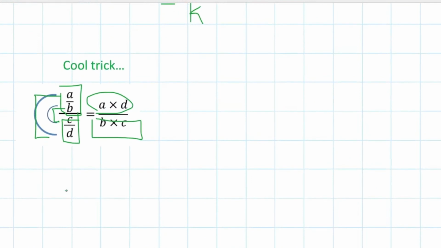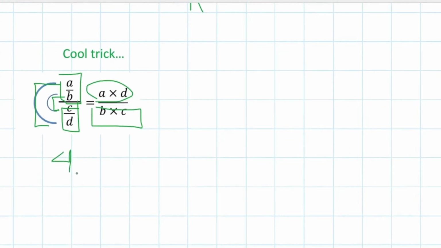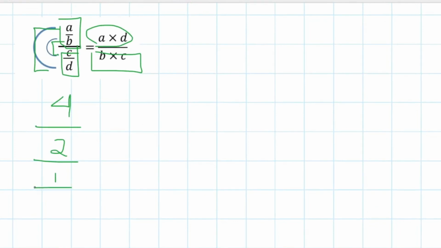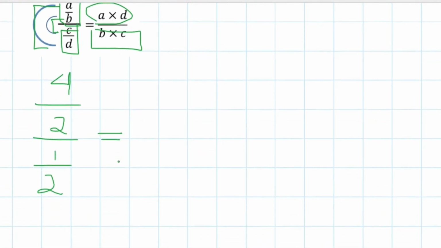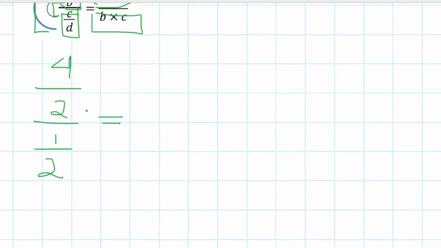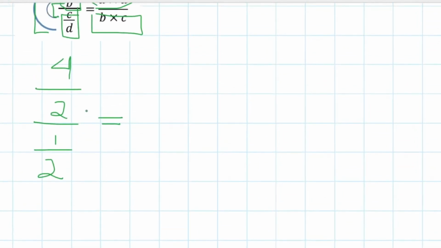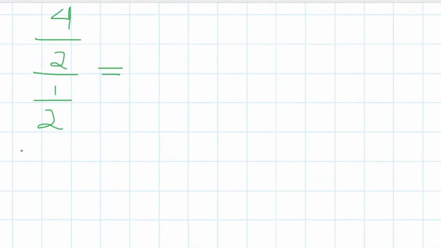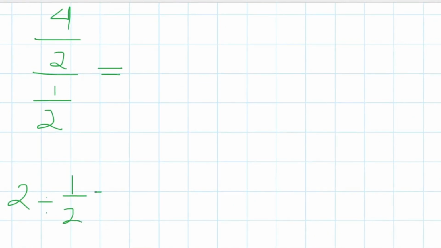Just a quick example. So 4 over 2 divided by 1/2. We already know the answer for this one, right? I'm using easy numbers so you can see it actually works. We know 4 over 2 is 2, and 2 divided by 1/2 is going to give you 4, right?